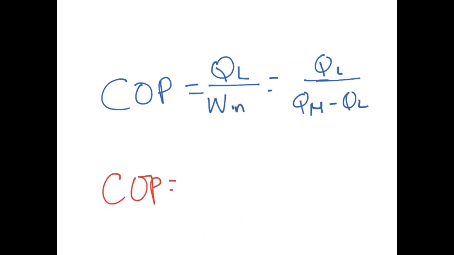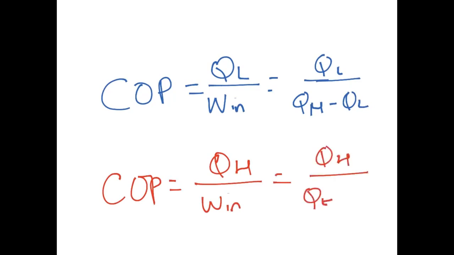You can also have a COP for the heater. What you want from the heater is the high temperature heat, and you have to input some work. So this will be the expression at the very end. It is very important to understand that instead of having the efficiency in this case, you have a COP. The COP is usually higher than 1, but it has a limit.